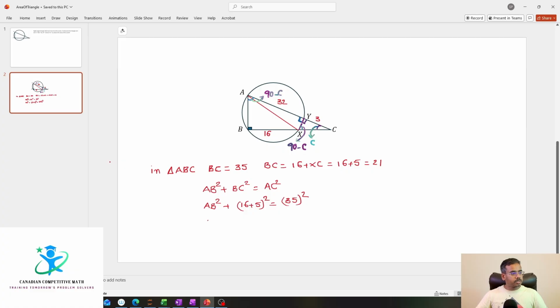If I solve this, AB square equal to 1225 minus 441, which equals 784. That implies AB equal to 28.